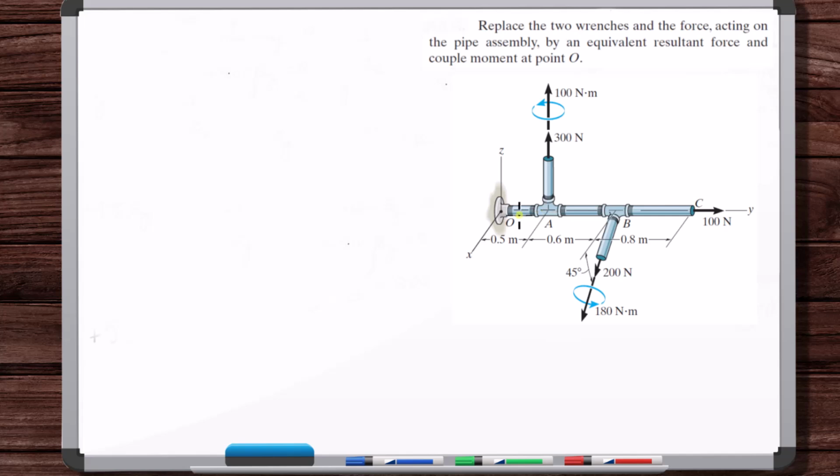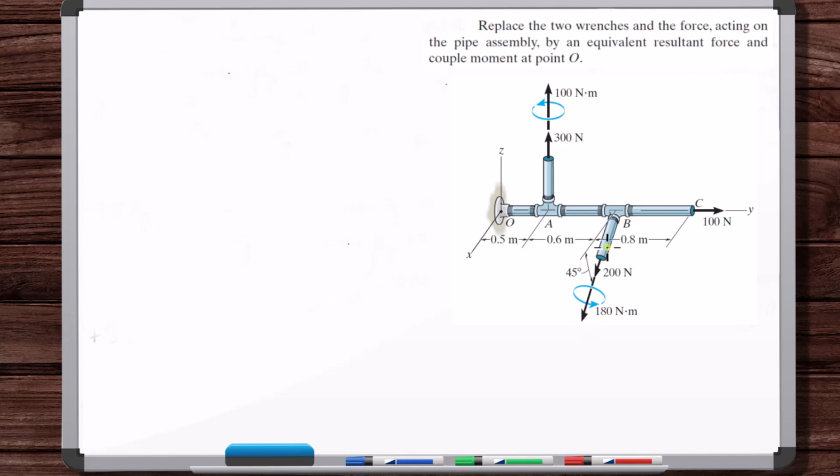Well, that's the moment of the force about the x-axis, right? This direction. That's this perpendicular component. So you get 300 newtons times 0.5, you get the perpendicular component. Now you've got the parallel and the perpendicular component. You get the resultant vector and the vector direction of those two, and that's the couple moment. You have the force and couple moment at point O.